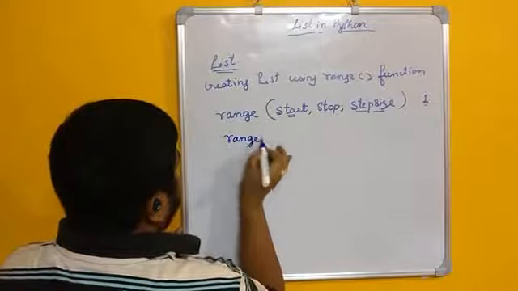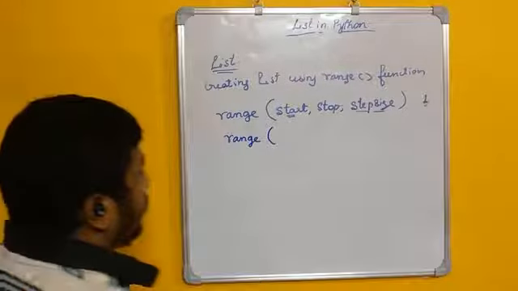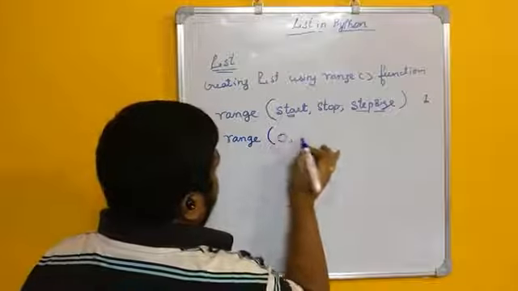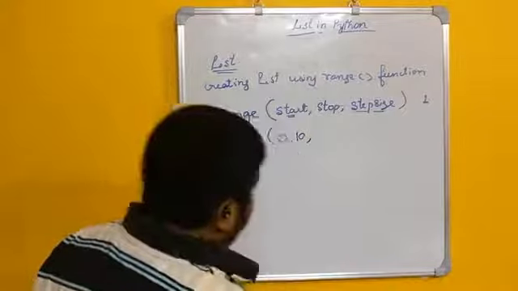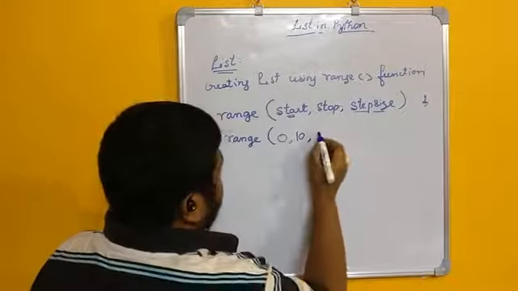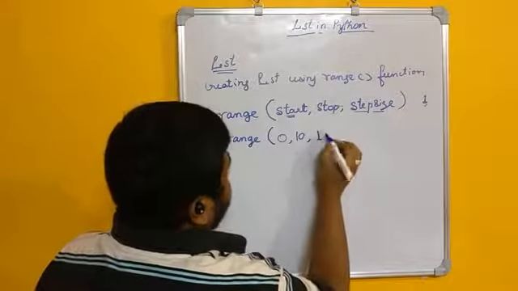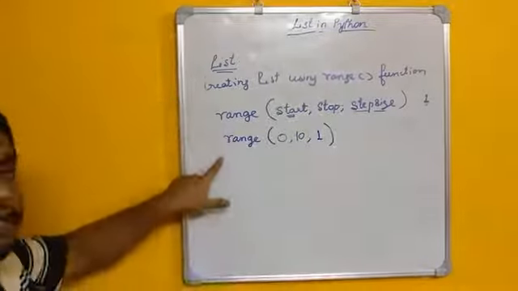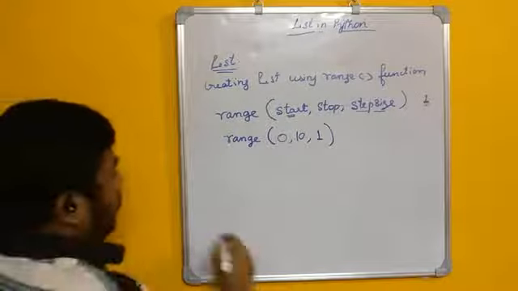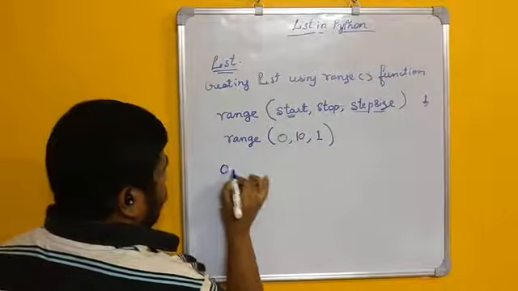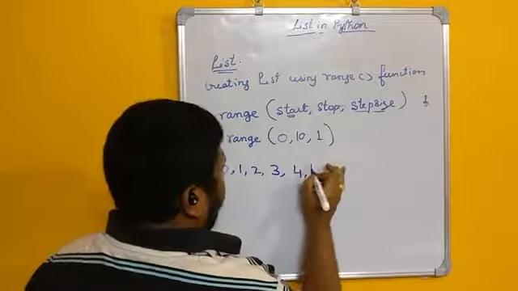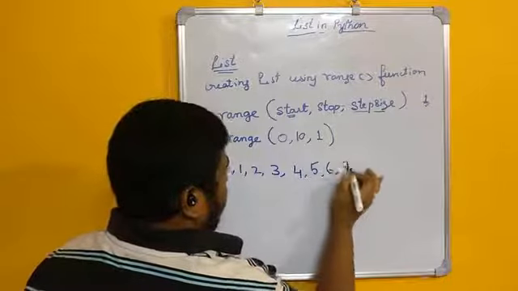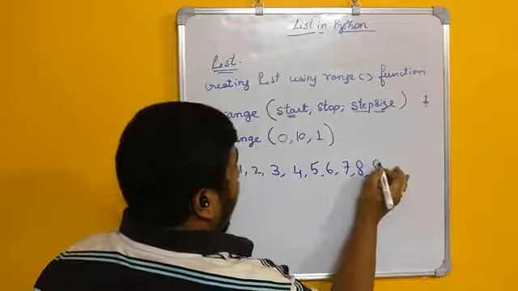Range(0, 10, 1). This will generate a sequence like 0, 1, 2, 3, 4, 5, 6, 7, 8 and 9.